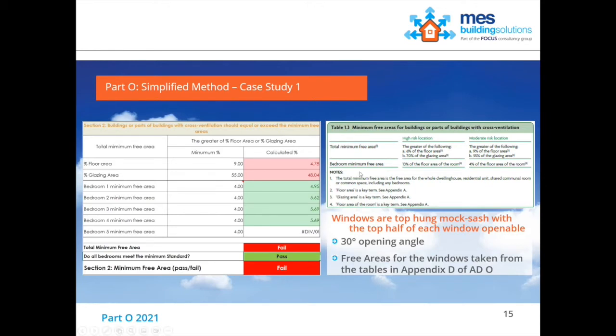What this shows is that in total, we've only got about 5% free area versus floor area, and compared to the overall glazing area, it's only 48% rather than the required 55.